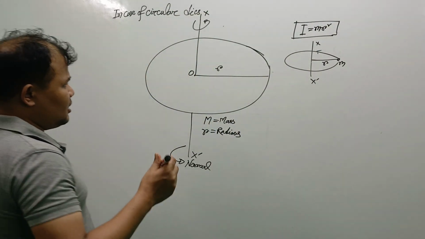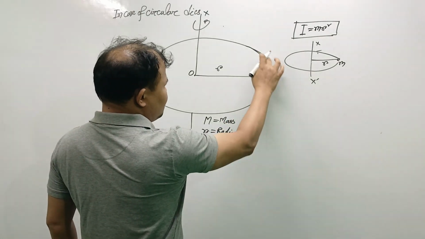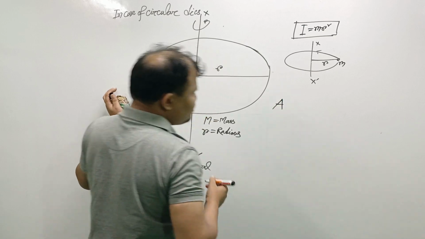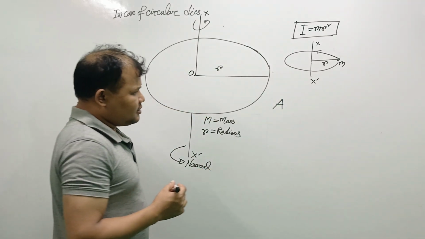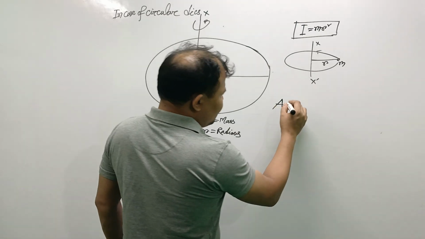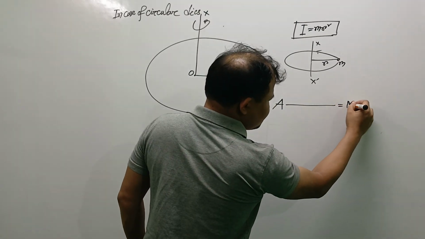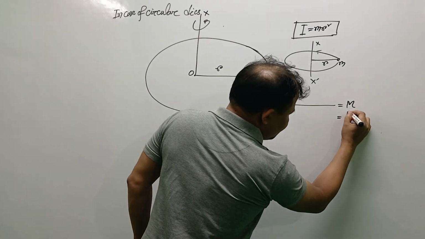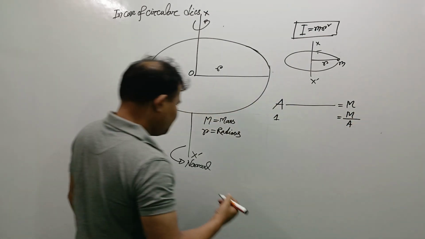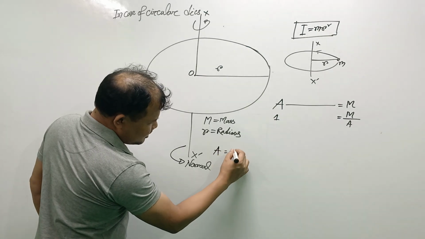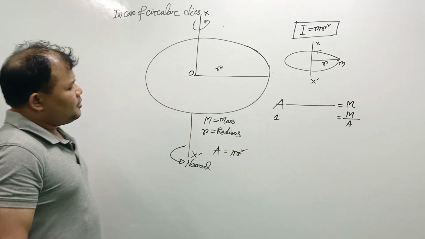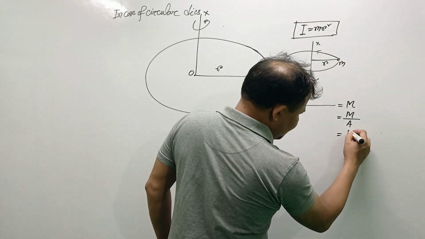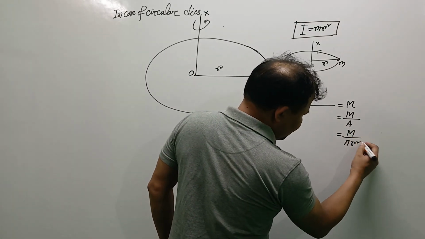Suppose the area of this circular disc is A, the total area, and for area A the total mass of the circular disc is capital M. Per unit area, the mass will be M divided by A. We can write the area as pi r squared, so we can put here M divided by pi r squared.